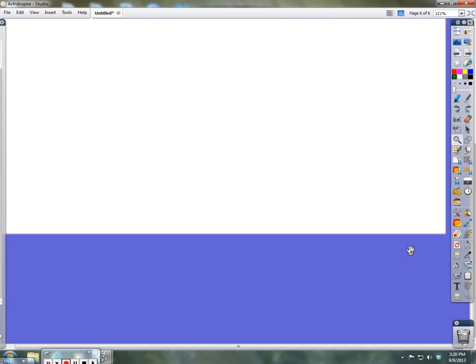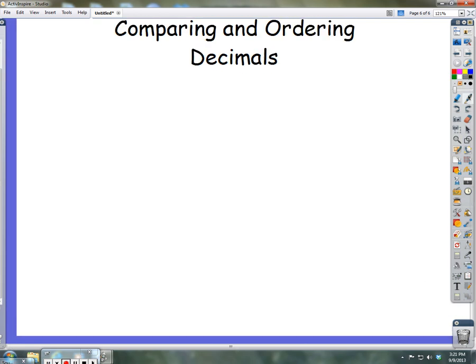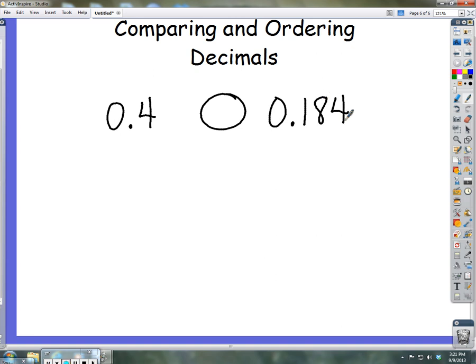Let's take a look at another example. And once again, we're going to just focus on comparing them right now. Let's say you've got 0.4, 4/10, compared to 0.1847, 1,847 10,000ths.